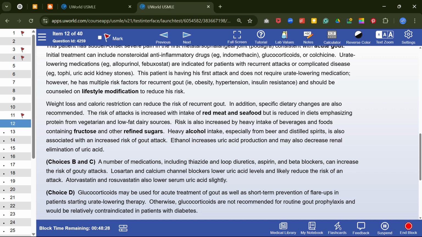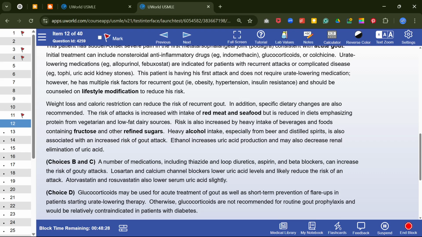The risk of attacks is increased with intake of red meat and seafood, but is reduced in diets emphasizing protein from vegetarian or low-fat dairy sources.